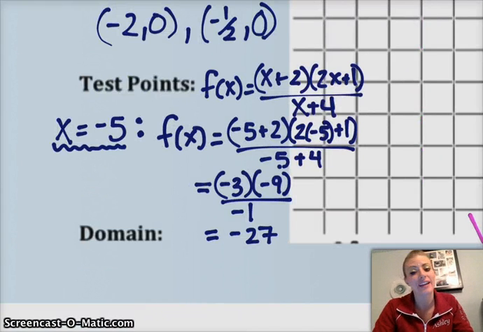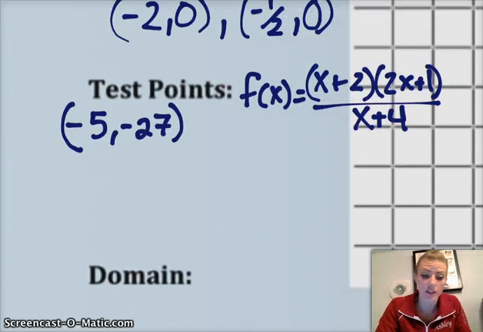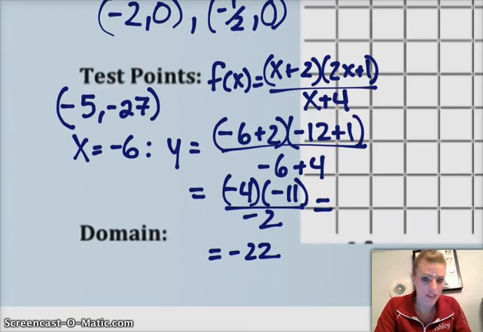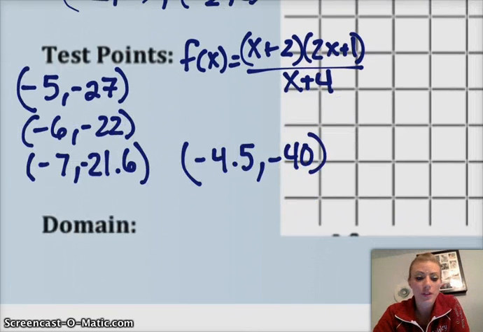As you can see, when I plug in -5, I get -27 for my y value. So my first point on the left side of the asymptote is (-5, -27). Next, when x equals -6, y is -22. So I just found a few more points, -7 and -21.6-ish, -4.5 and -40.